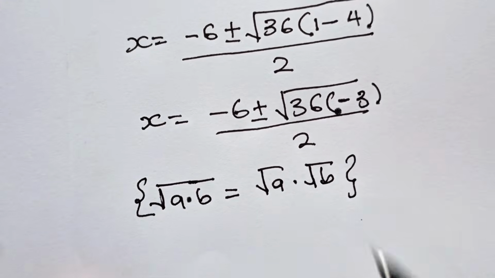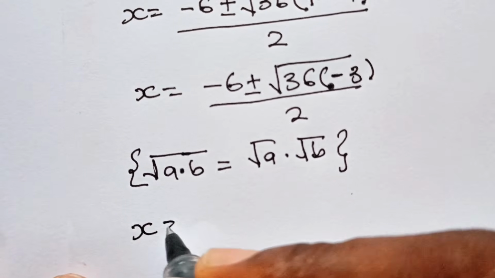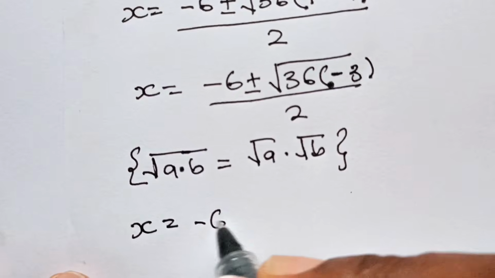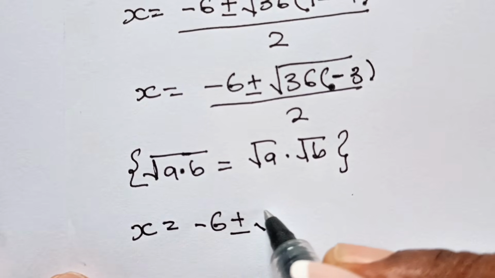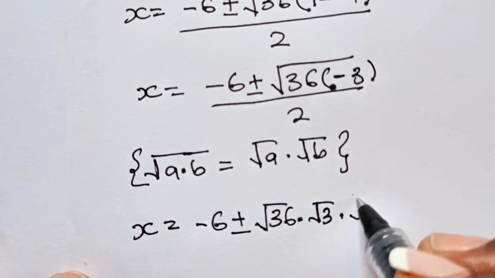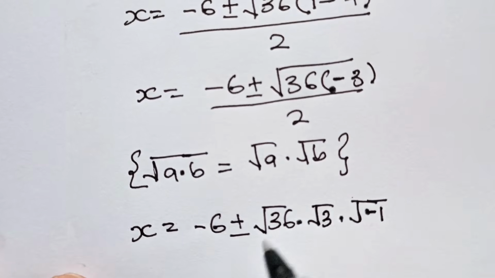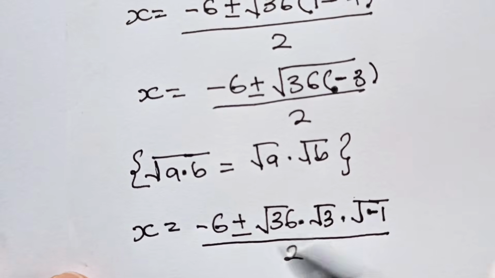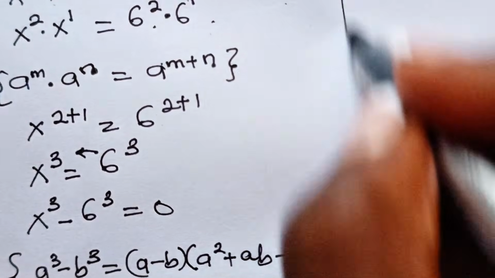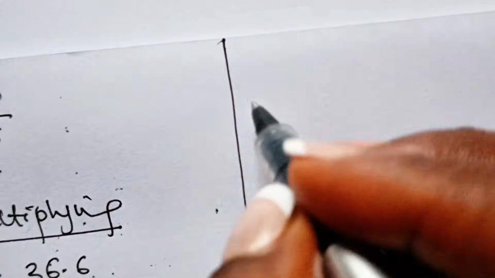Therefore, we can write x to be equal to negative 6 plus or minus square root of 36 multiplied by square root of 3 multiplied by square root of minus 1, because this is negative 3, right? Divided by 2.